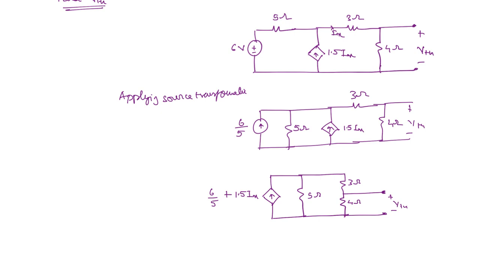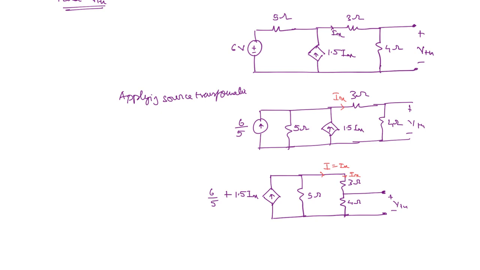Now here you can apply the current division. So if you take the current here, we need the current here, so that VTH is going to be 4 times I. Okay. So now I you can find out by current division. And one more thing that you can see is, what is the current through 3 ohms? It is the current Ix. Okay. So this I is nothing but Ix.